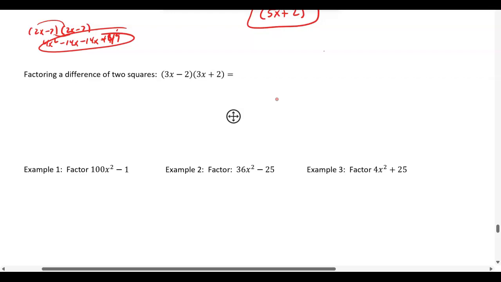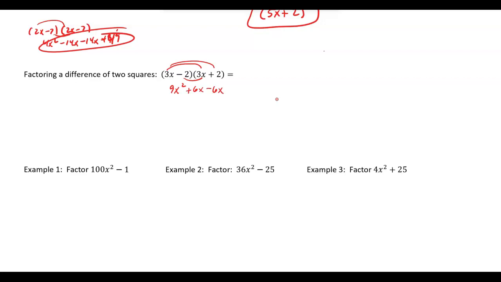So, next one. If I look here, if I multiply these out, 3x times 3x is 9x squared, plus 6x, minus 6x, minus 4. So, what happens to the middle terms here? They cancel. So I get 9x squared minus 4. Now here's the thing.